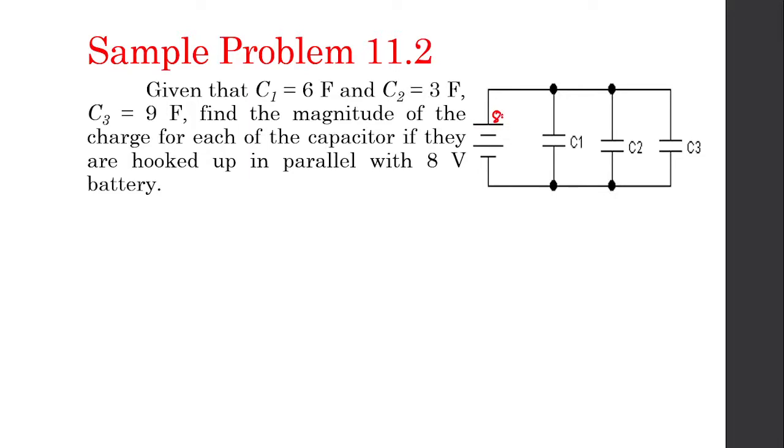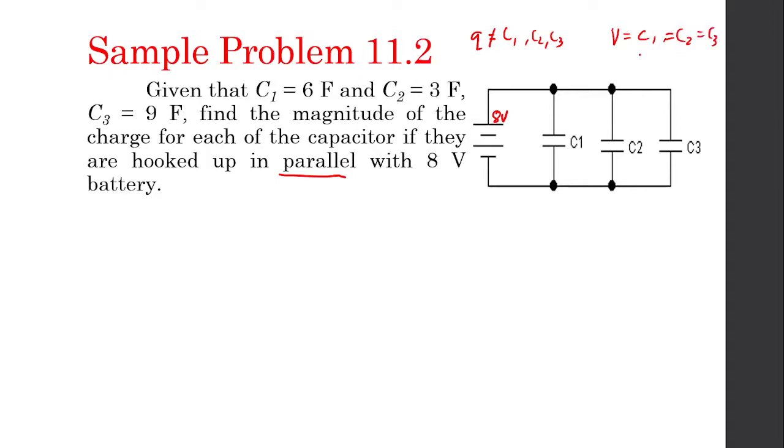So this is your 8 volt battery right here, and C1, C2, and C3 are all connected in parallel. Remember, for parallel, the Q's are not all equal among C1, C2, and C3. The Q's would be equal if they were in series, but they are not. But we know that the voltage for each of the individual capacitors in parallel is equal.